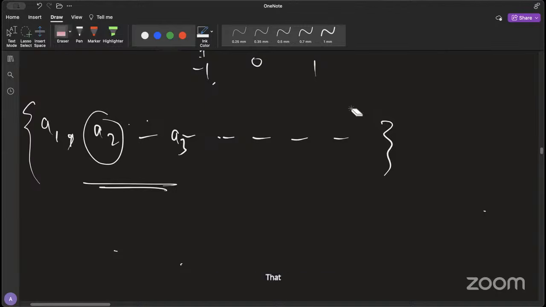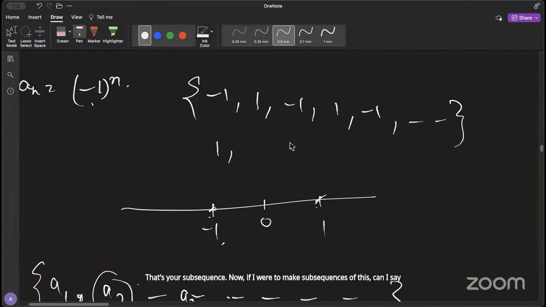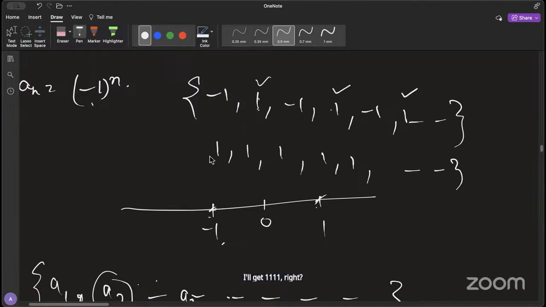That's your subsequence. Now, if I were to make subsequences of this, can I say that this term, then this term? So all the even terms, the second term, fourth term, sixth term, if I collect all those terms here, I'll get 1, 1, 1, 1, right? So this is a subsequence of an.